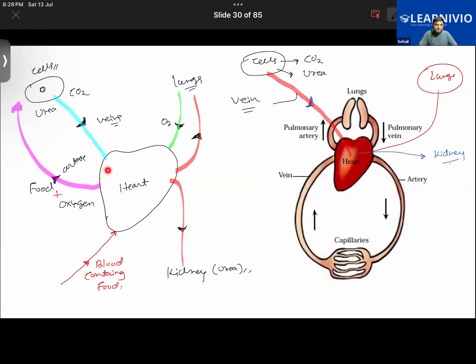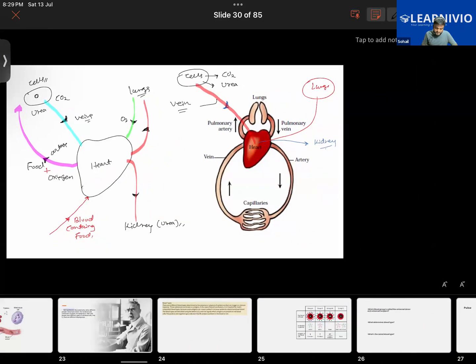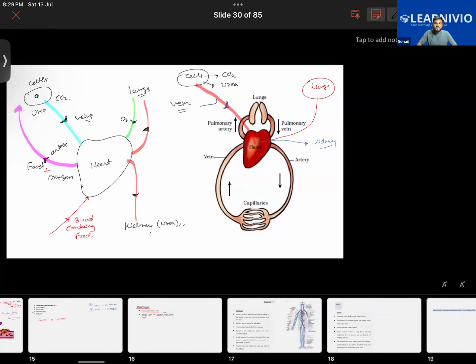Getting it, guys? While the arteries would be carrying the oxygen and food to the cells. Veins bring the waste towards the heart, like carbon dioxide and urea. Arteries would be carrying oxygen and food from the heart to the cells. So that is the important thing about arteries which we are learning so far.